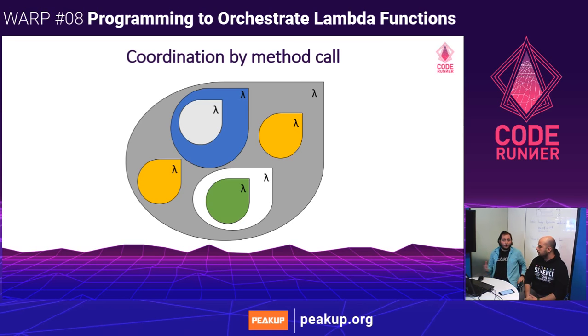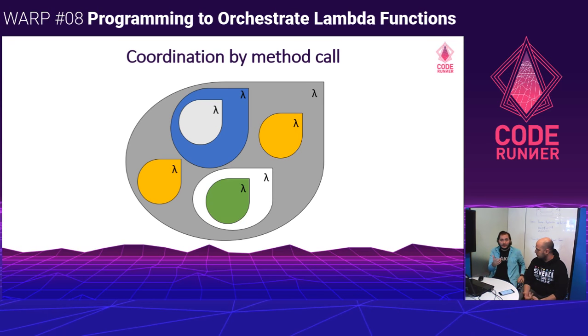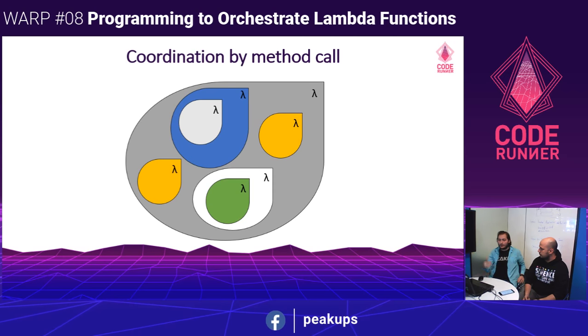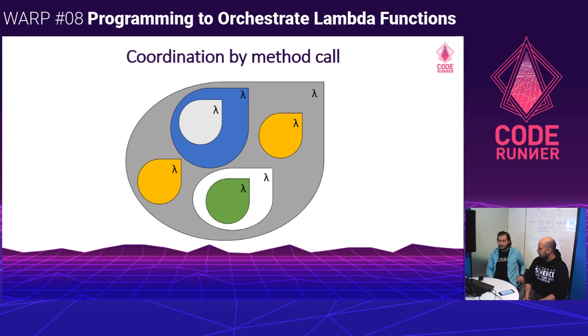You can always call another function from your main function, and that other function calls another function via method calls. This is definitely a method to run these processes within each other. This is definitely doable.